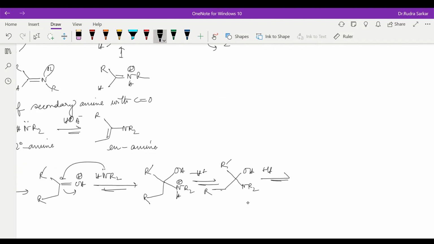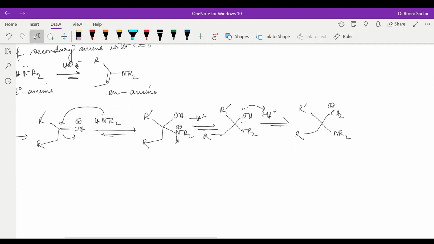Say protonation of the OH will take place in the next step. It forms like this. Water is a good leaving group, so water goes away, generating a positive charge on the carbon.